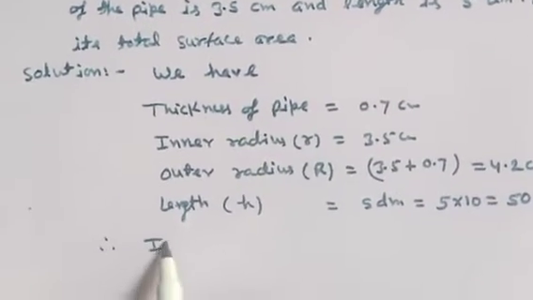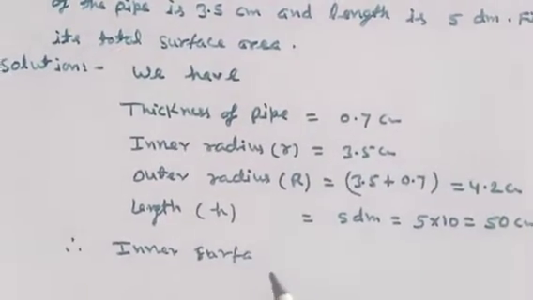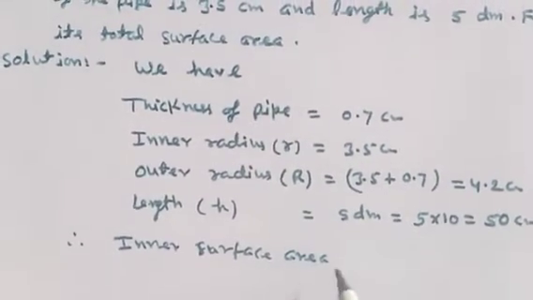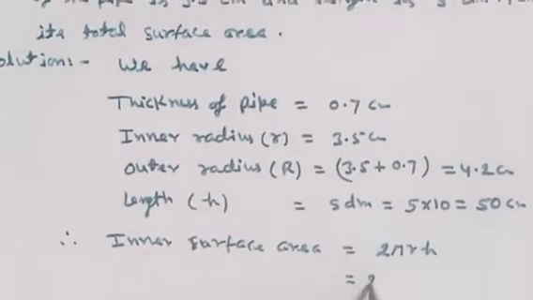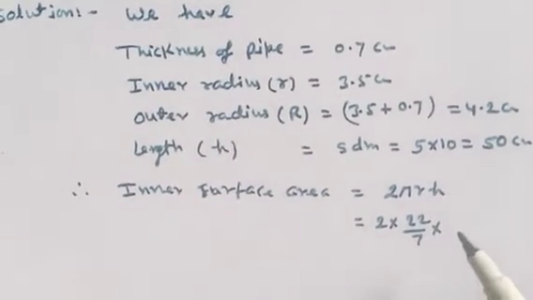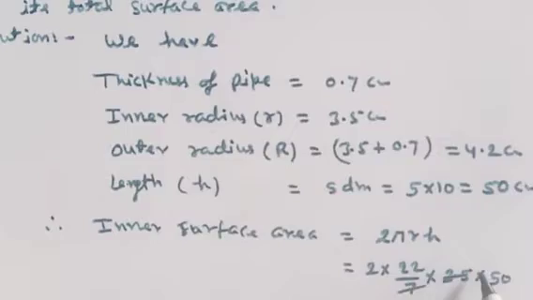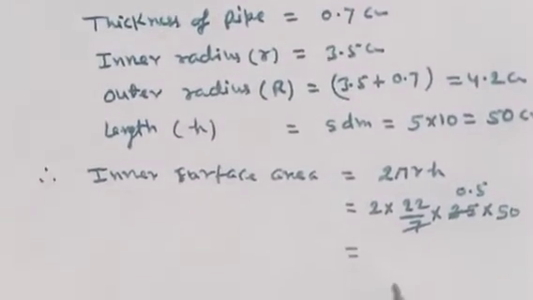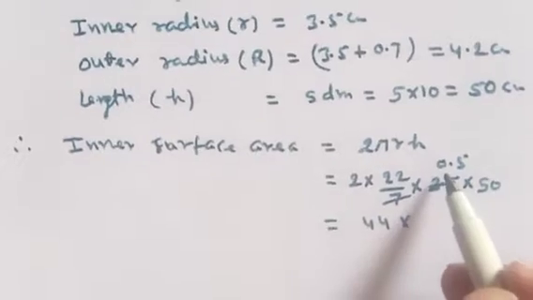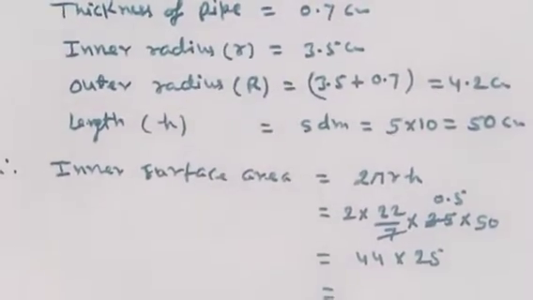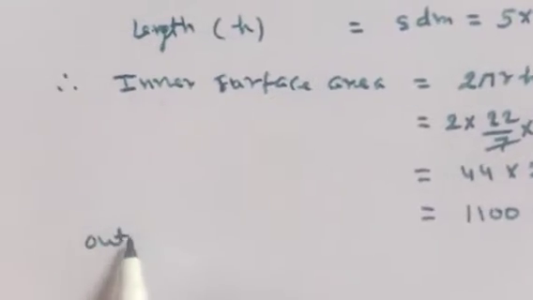Therefore, inner surface area equal to 2 pi rH equal to 2 into 22 by 7 into 3.5 into 50. 3.5 is divisible by 7 0.5 times, so equal to 22 into 50 into 2 into 0.5 is equal to 1100 centimeter square.